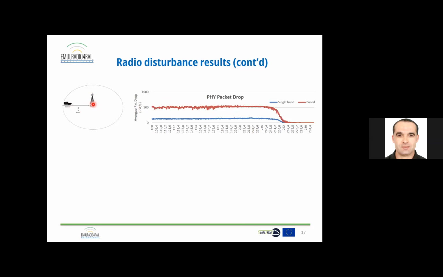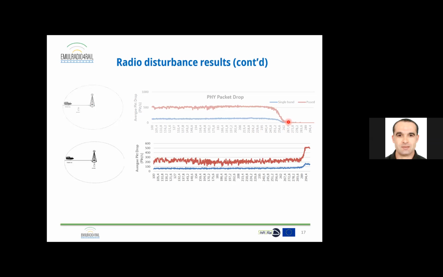From this position, the transmission power of the jammer is no longer sufficient to disturb the LTE DL transmissions from the eNodeB to the train, so we have a decrease of packet drop.